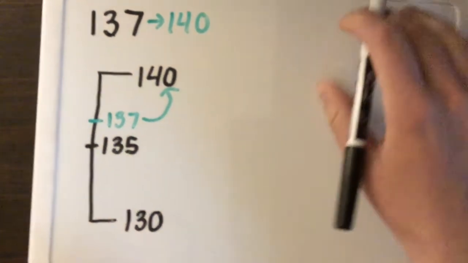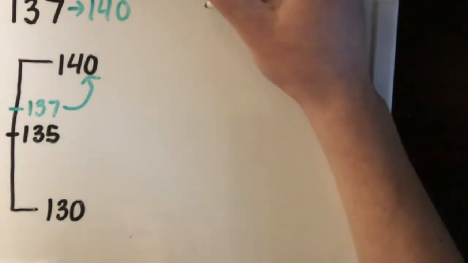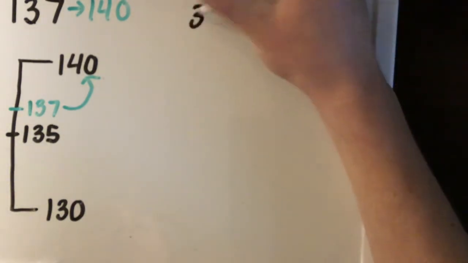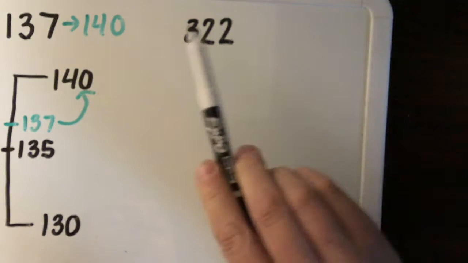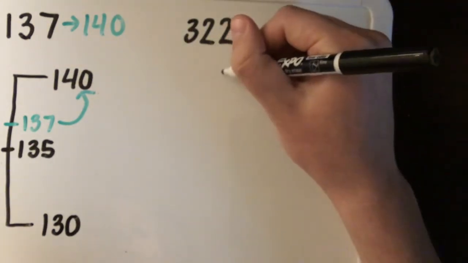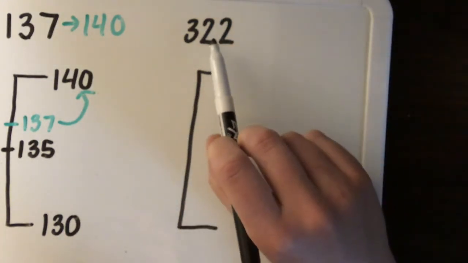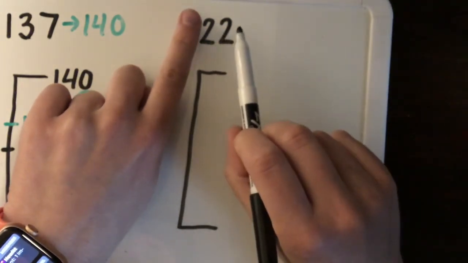Okay, next one. I'm going to change my hundreds place. I'm going to do 322. Okay, so same thing as before. I'm going to ignore that hundreds place as I'm still just thinking about the tens. I'm thinking about the 10 that comes before 22 and after 22.